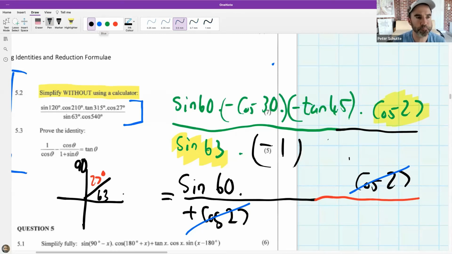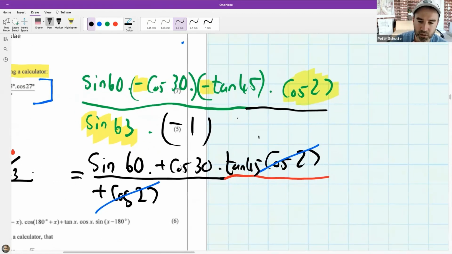Okay, so now what we next have is a theme of this lesson has been double negatives. What happens if we have two double negatives? It's a positive, yes. So all we have to work out to finish this question is what is the sine of 60 times the cos of 30 times the tan of 45.